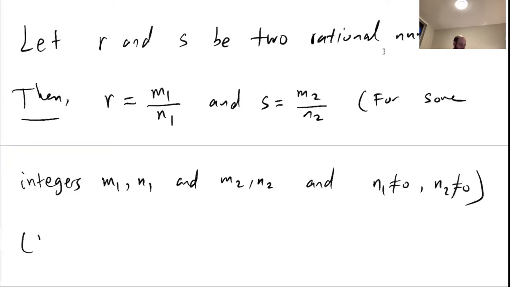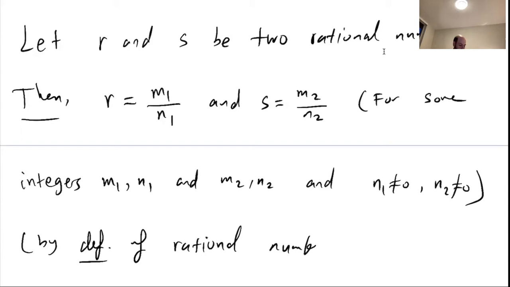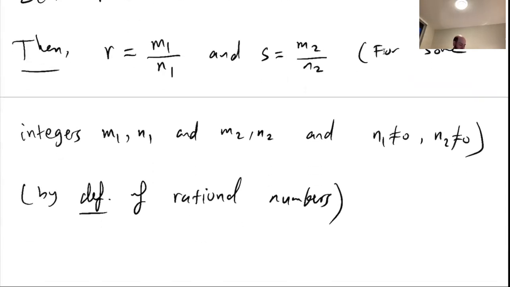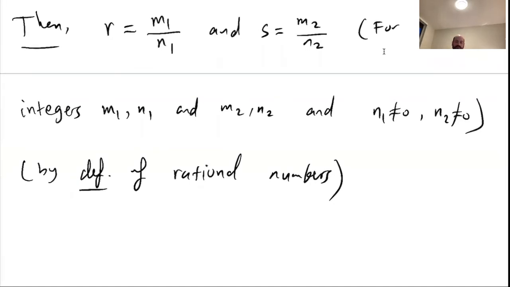So this is by the definition of rational numbers. Any rational number can be written in the form M over N, where M and N are integers and the denominator is non-zero.